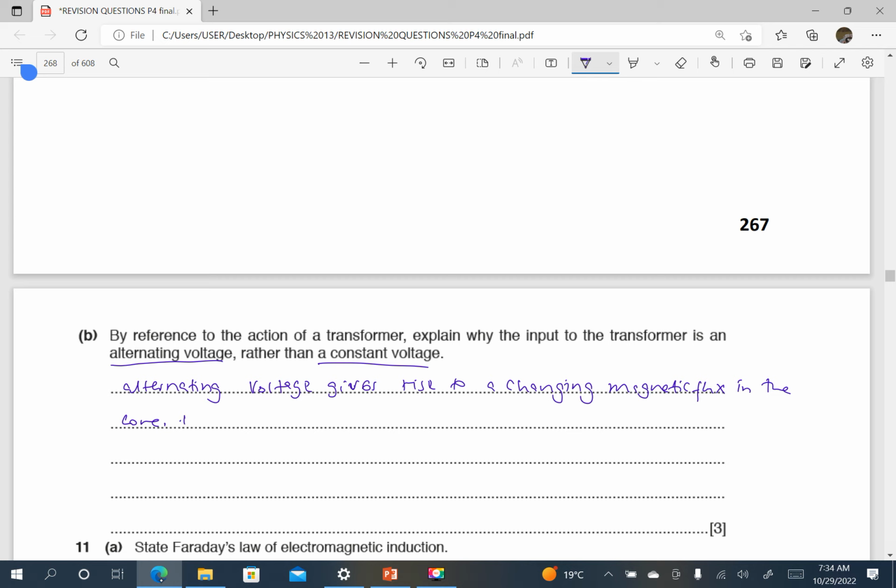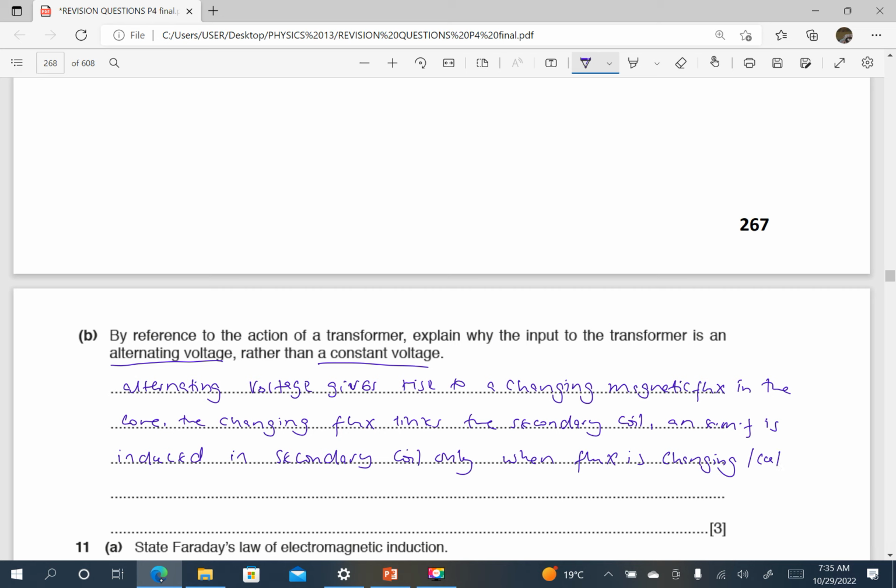The changing flux links the secondary coil via the core, and an EMF is induced in the secondary coil only when flux is changing, or when flux is cut.